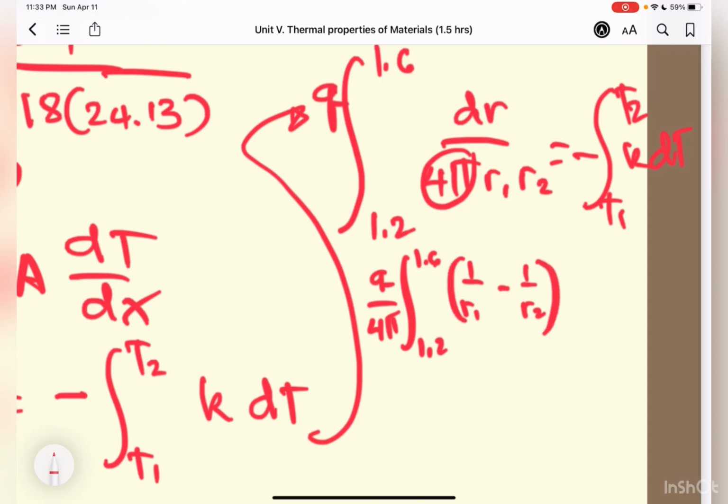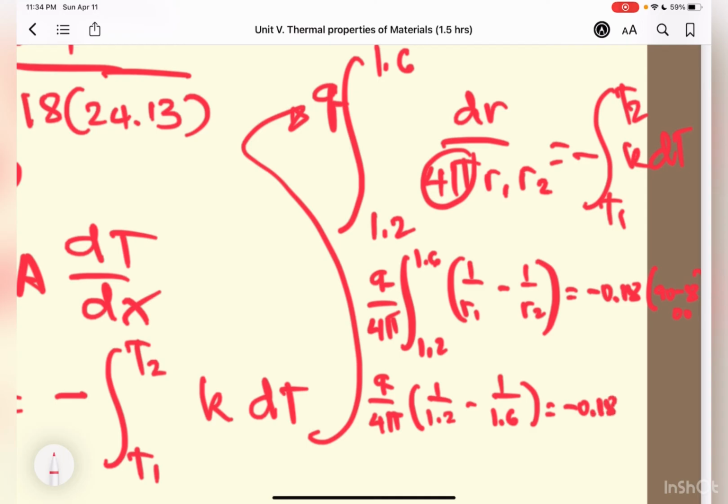Okay, this is equivalent to negative 0.18, that's your k, and the integral of dT from T1 to T2 is T2 minus T1, or 90 minus 800 degrees C. So you have here, therefore, Q over 4 pi times 1 over 1.2 minus 1 over 1.6 is equal to negative 0.18 times negative 710, or if I get the value of this, it would just be equivalent to 127.8.